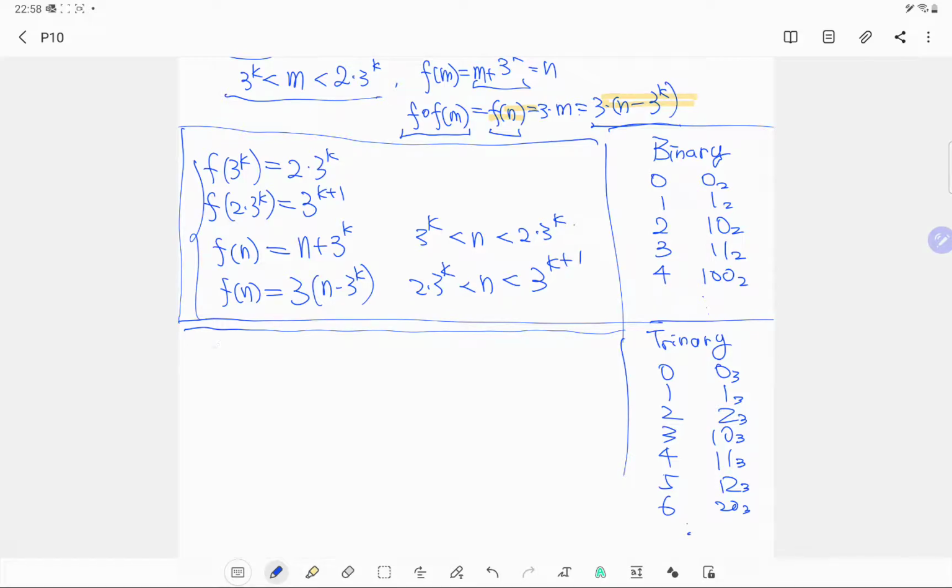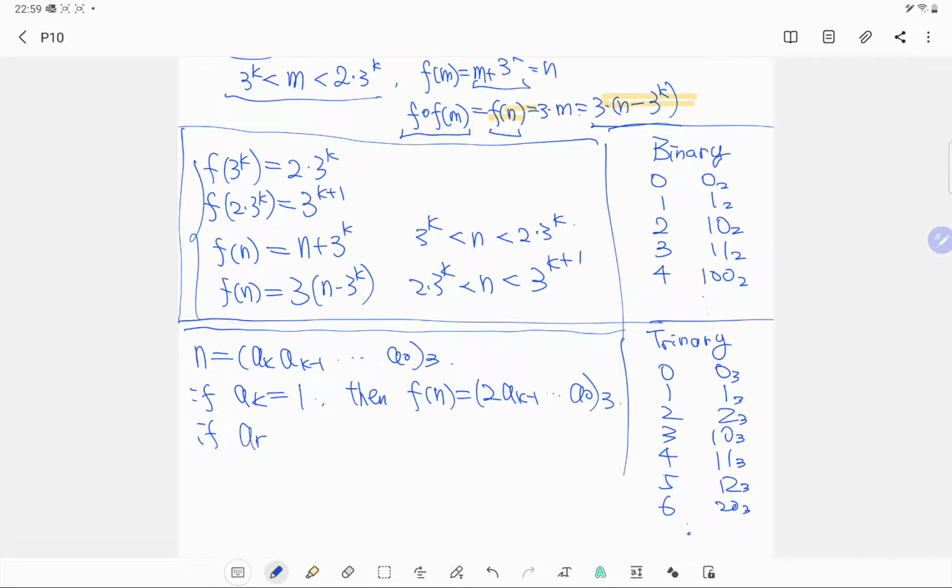So if n is, let me see, ak, ak minus 1 up to a0 in trinary notation, if ak equals 1, then f of n is 2, ak plus 1, ak minus 1 up to a0 in trinary notation.